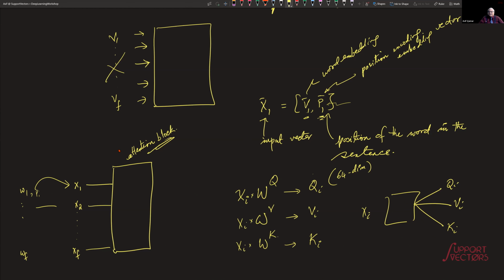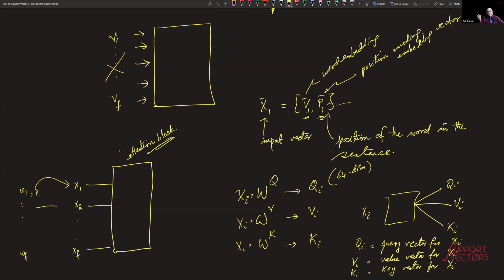So these things have names. The Qi is called the query vector for xi. Vi is called the value vector for xi, and likewise the Ki is called the key vector for xi, right?